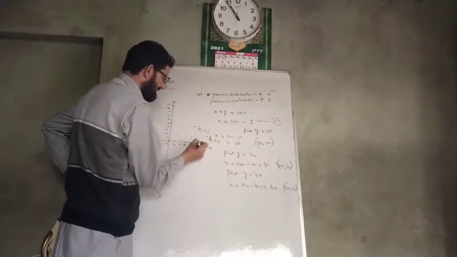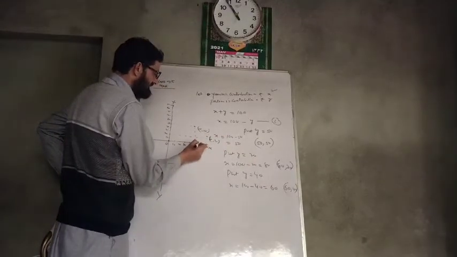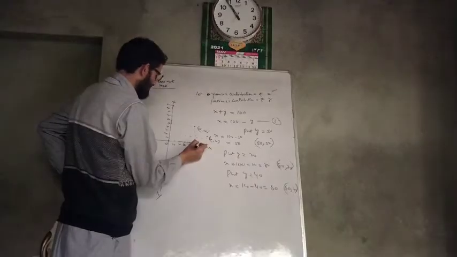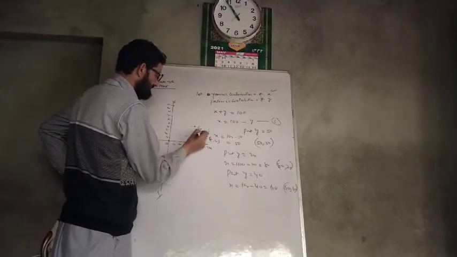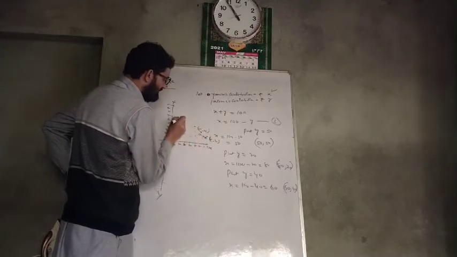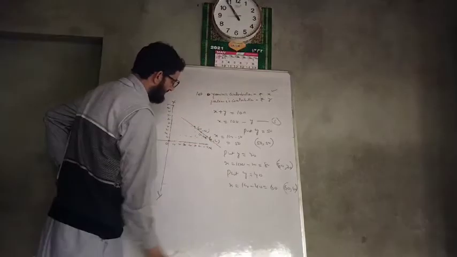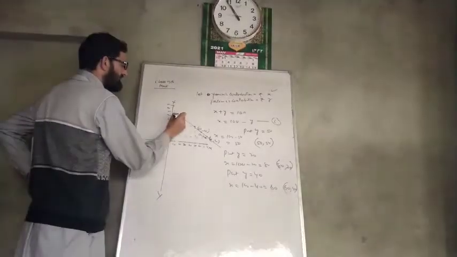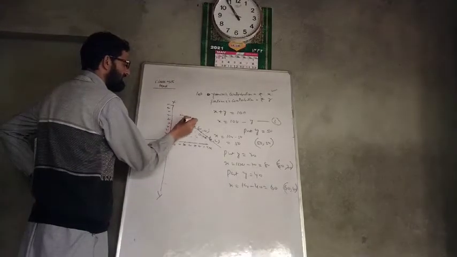Then it is 60 and 40. 60, 40 is here. So when you join, you will always get a straight line. It's the graph of the equation X plus Y is equal to 100.